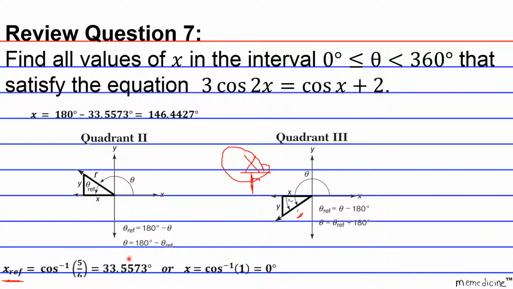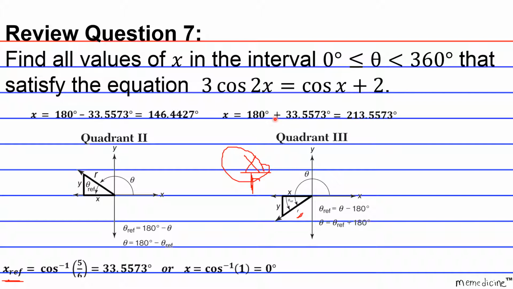Okay, that's what we just did here. The similar approach goes for quadrant 3, but instead you're adding the reference angle because you're adding to the lower bound of that quadrant. Or you could take 270, the upper bound, and subtract the theta reference from it, but we're just going to stick to using 180 degrees.